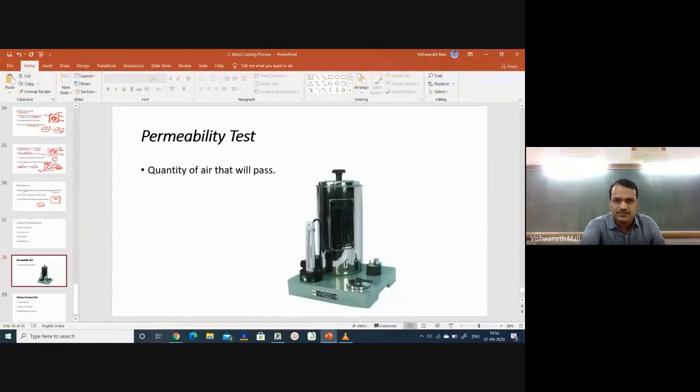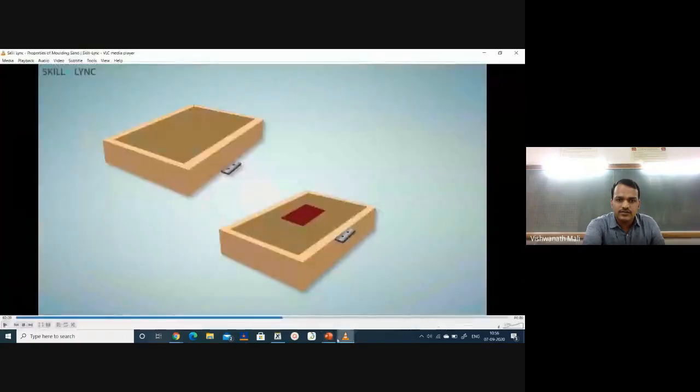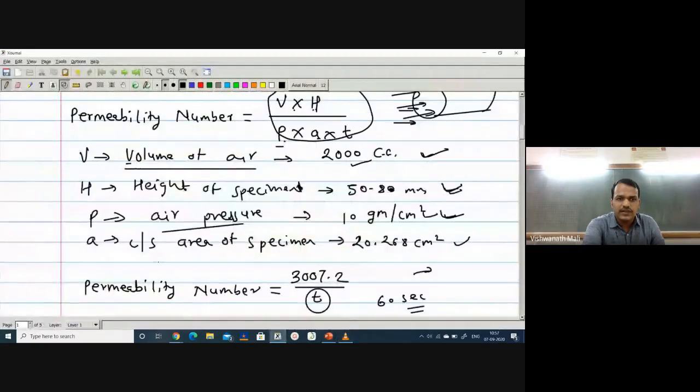Depending on that, we will calculate the permeability number. What is the standard of permeability number? That we will see in the next lecture. First, just understand the formula.